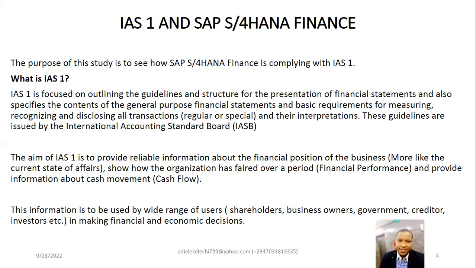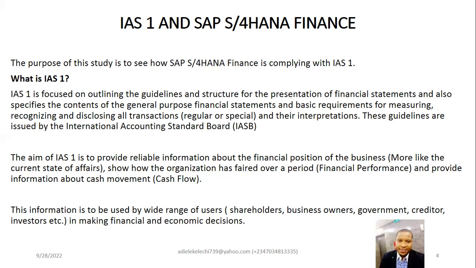Okay, now it also spells out the basic requirements for measuring, recognizing, and disclosing. Very important. So, how do you measure the transactions that you reflect in your financial statements? What are the criteria for recognizing those transactions, and what policies or standards did you use in disclosing, right?